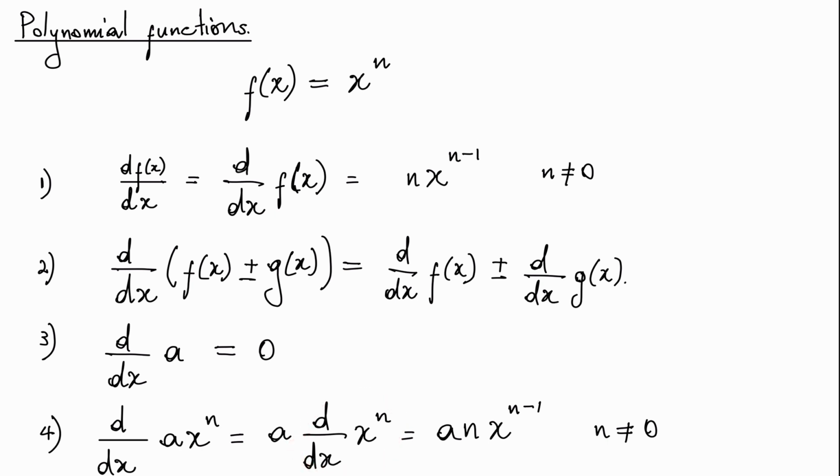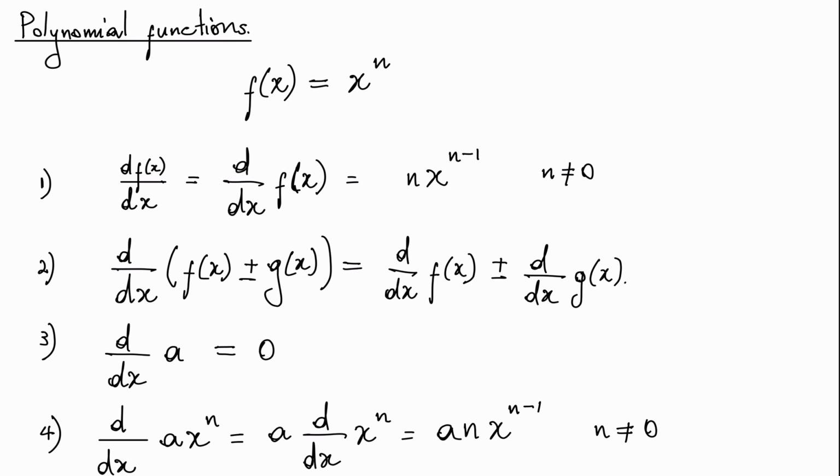So the derivative of something that's multiplied by a is the same as a multiplying the derivative of that polynomial. So the point is, this thing is immune to the effects of the derivative when it's multiplied by x to the power n.